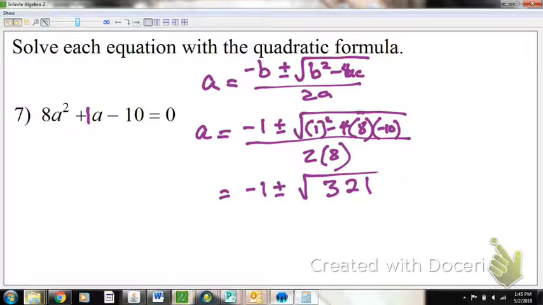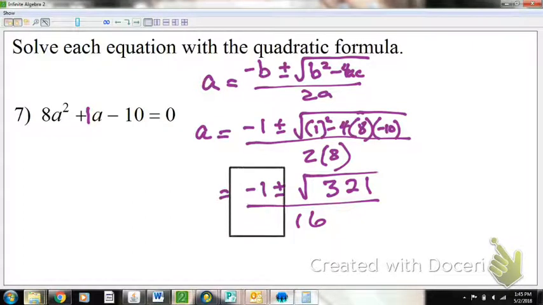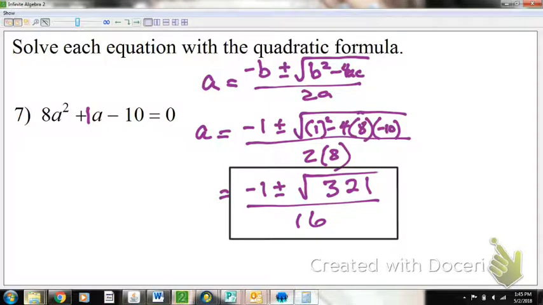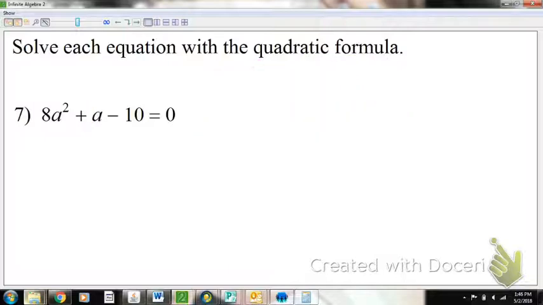Now, does 321 have a perfect square factor that goes into it? 321 is divisible by 3, 107 times. 107 is prime. So that is all we can do there. Negative 1 plus or minus the square root of 321 over 16. It's an ugly answer, but it is a good one.